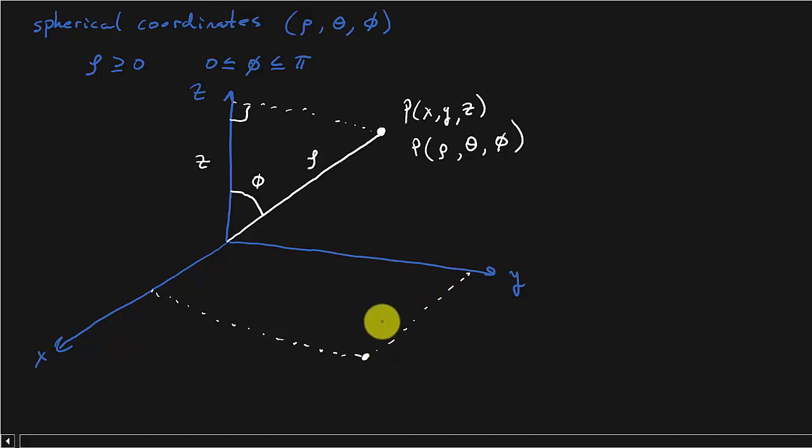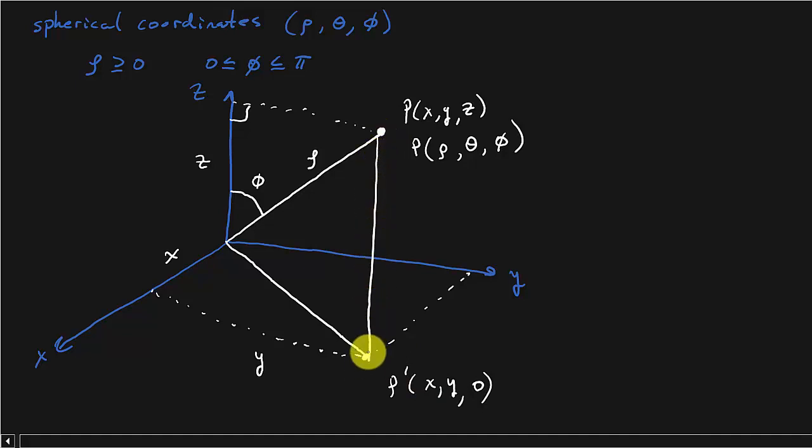So this would be x, this would be y, and we have a line here to this point. We can call this P prime, x, y, 0. The coordinate for z would be 0 here. This is the point on the xy plane.